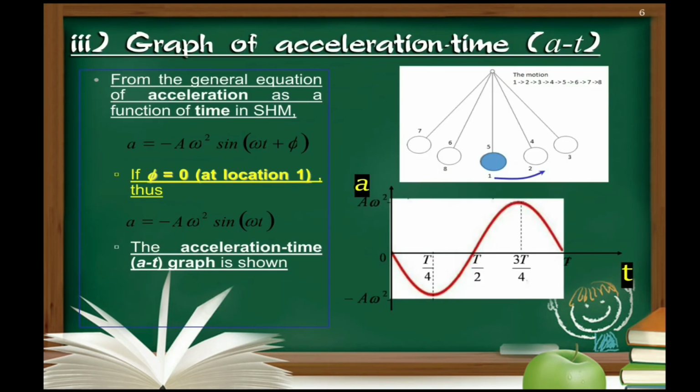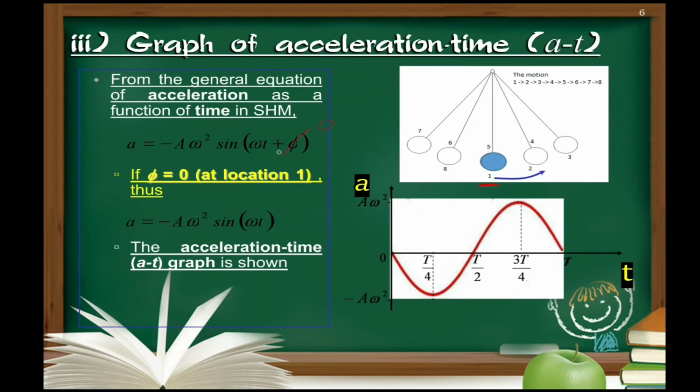Last one, we're going to see the graph of acceleration against time. The general equation from previously is a equals negative A omega squared sine(omega t plus phi). I'm still using the same location, where I don't have any initial phase. That means phi is 0.